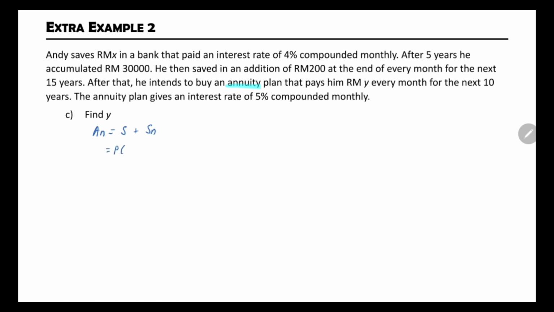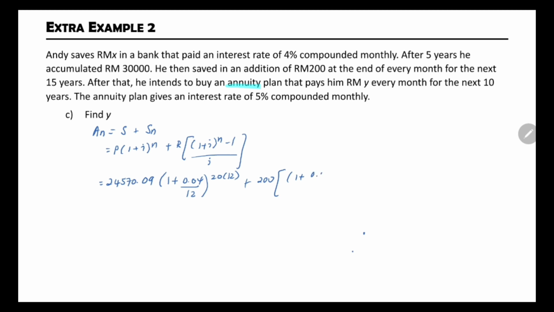S is P(1 plus I) power of n, and SN is R times (1 plus I) power of n minus 1 over I. P is 24,570.09, 1 plus 0.04 divided by 12 for 20 years, plus R is 200 times (1 plus 0.04 divided by 12) for 15 years minus 1 over 0.04 divided by 12.